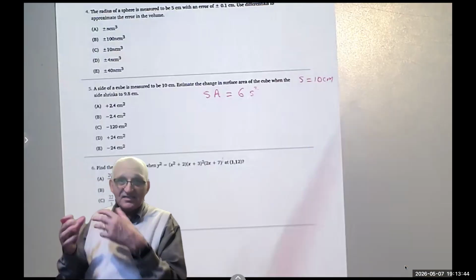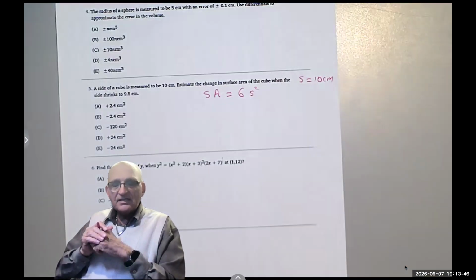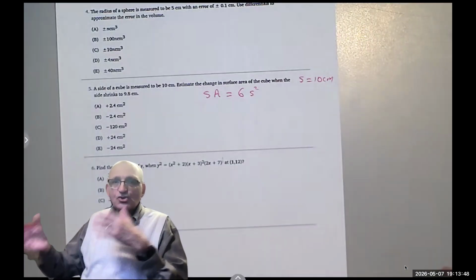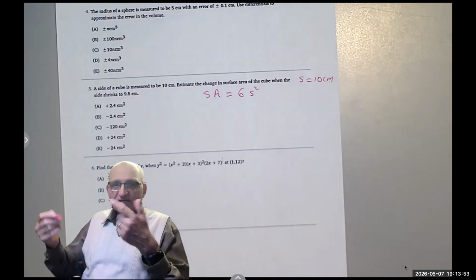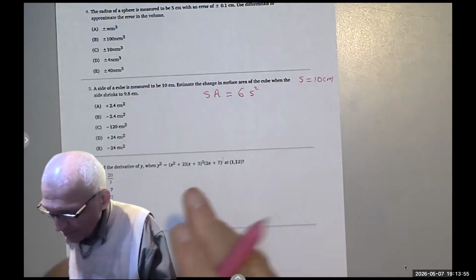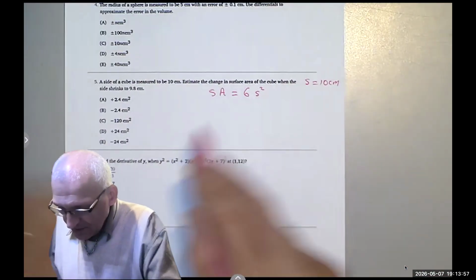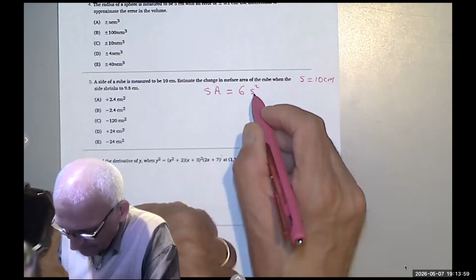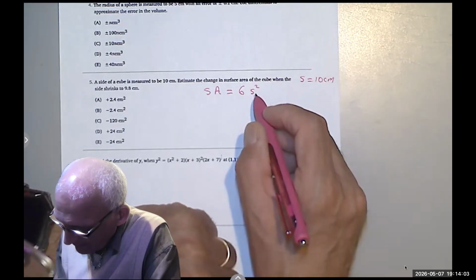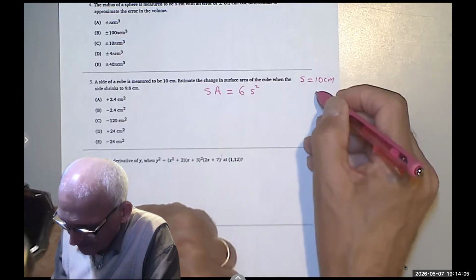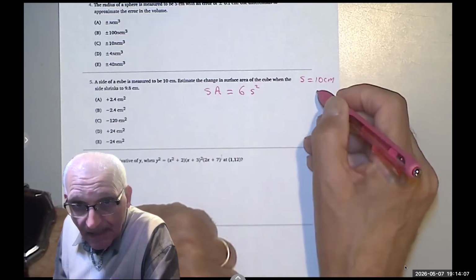So since S is the side, each face will have an area of S squared, and there are 6 faces, so it's 6S squared. And then you see if S changes from 10 to 9.8, okay?